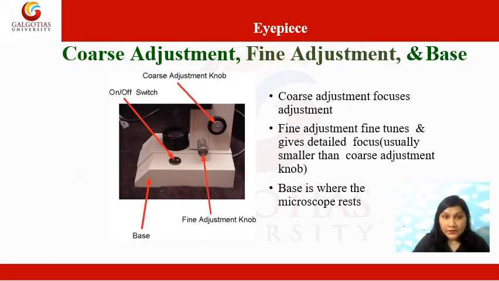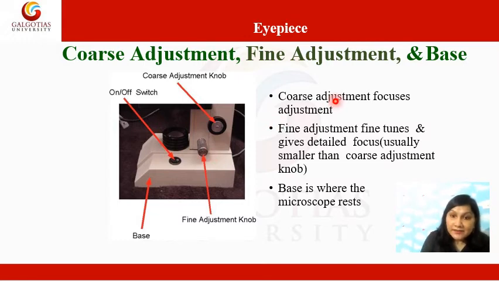Now coming to the next part of the compound microscope, that is coarse adjustment, fine adjustment and the base. Okay, so we have two types of knobs present on the compound microscope. The one is the coarse adjustment knob and the second is the fine adjustment knob. These knobs are used to get clear pictures of the object.